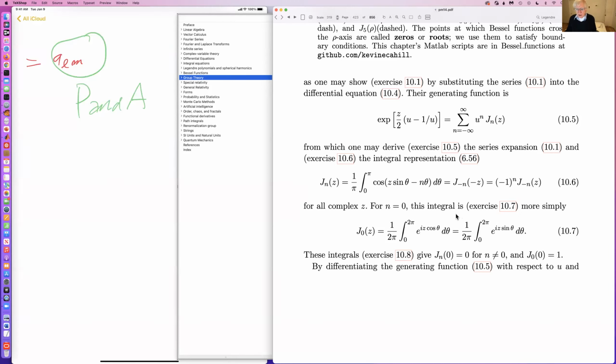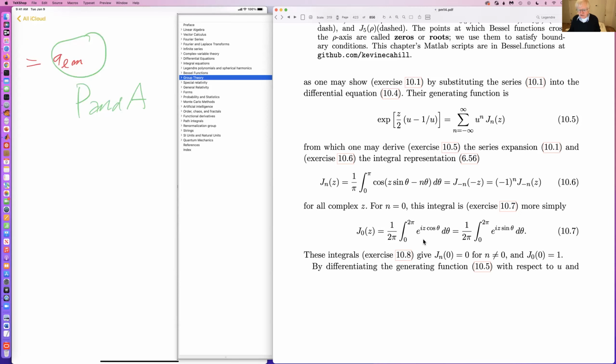For n equals 0, this integral is somewhat simpler. I'm sorry, I screwed this up completely.